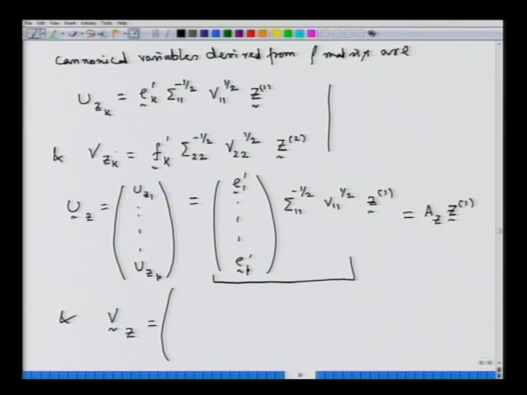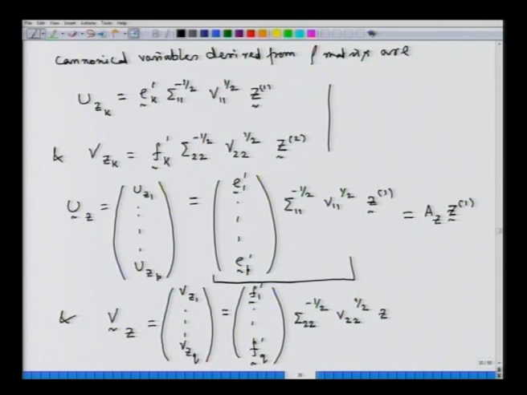Similarly we will denote this V_z vector to contain these q canonical variables: V_z1, V_z2, up to V_zq. So, this vector is given by f1 prime, f2 prime, up to fq prime times sigma 22 to the power minus half V22 to the power plus half times the Z2 vector, right.